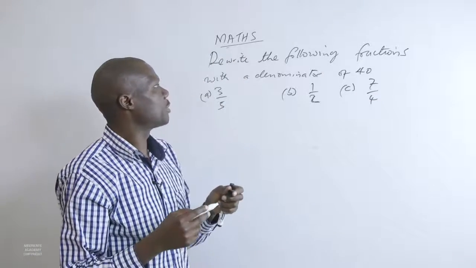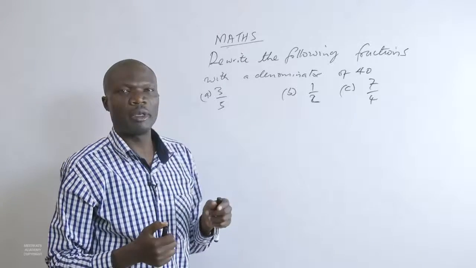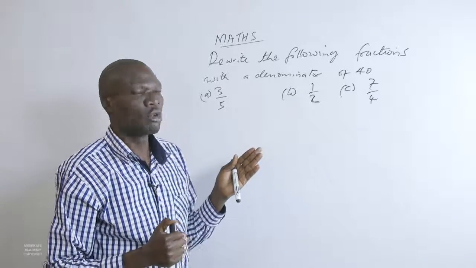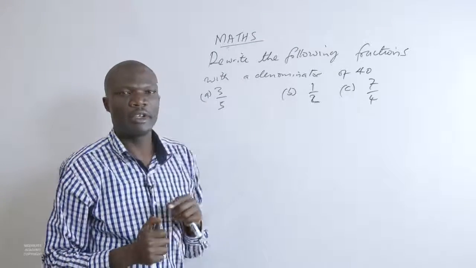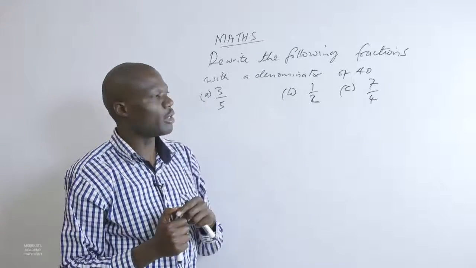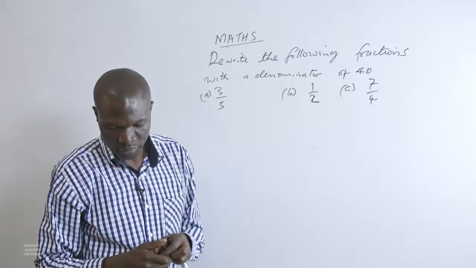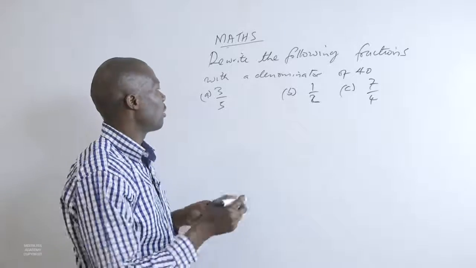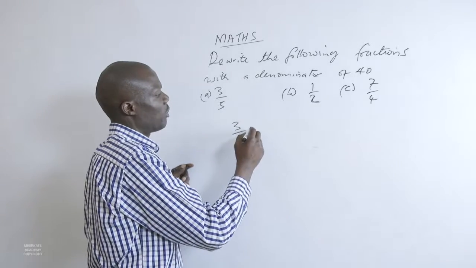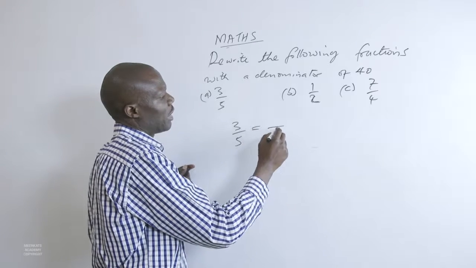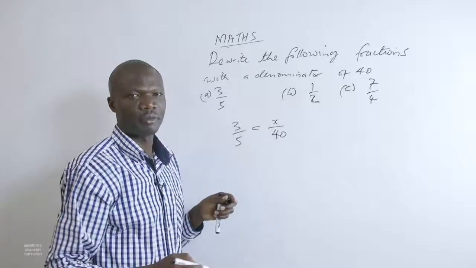We write the following fractions with a denominator of 40: 3 over 5, 1 over 2, and 7 over 4. Now, we have 3 over 5, and we want an equivalent fraction of x over 40.